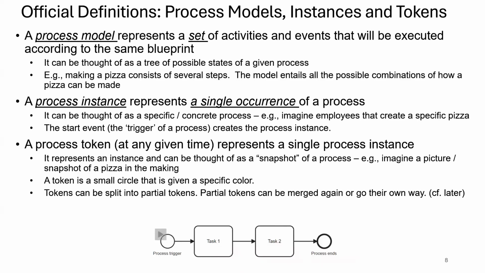So a token is a small circle of a specific color. And of course, tokens can be split into partial tokens, which basically means that a token is not per se one person, or one pizza. So if you represent a process instance as a token, it does not mean that the token dot is the pizza flowing.